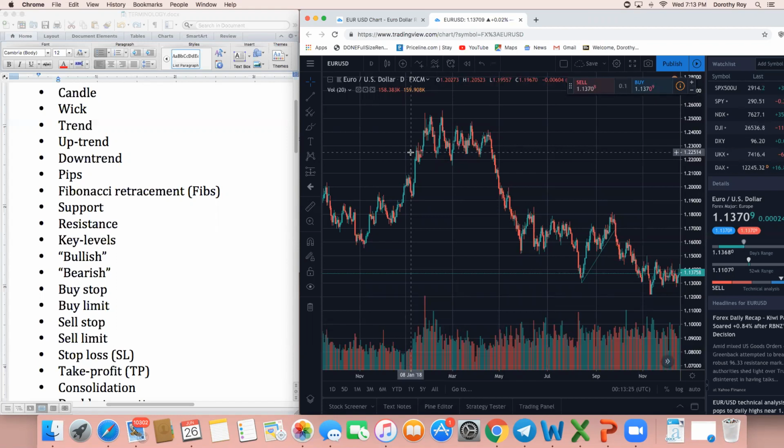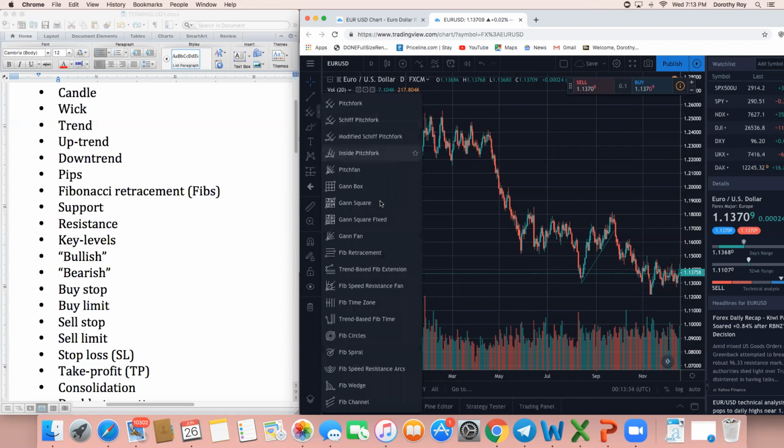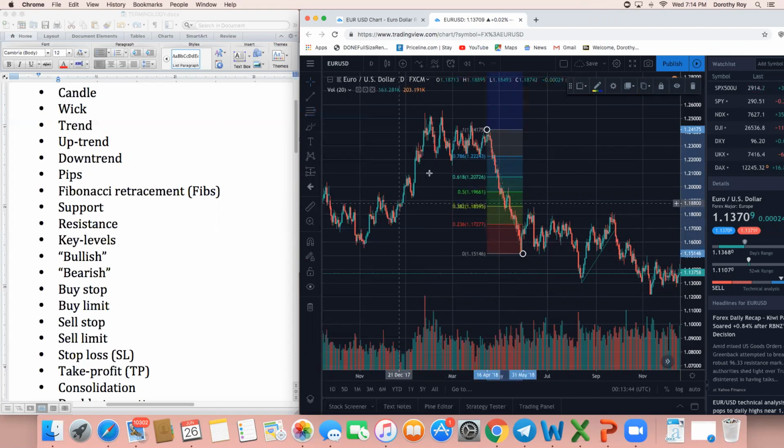It's like the golden rule of life, and we still apply that to trading. So here it is. It's not this one. Fib retracement, it's going to be this one right here. Basically, it measures out these levels for us, and shows us where the market will most likely hit.